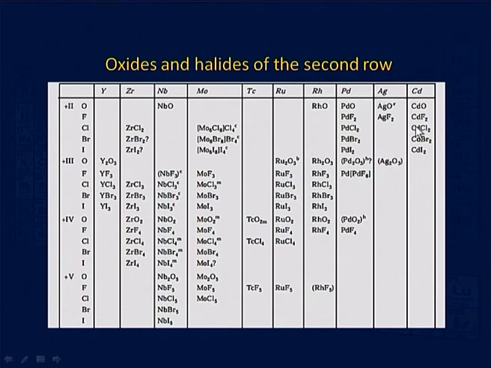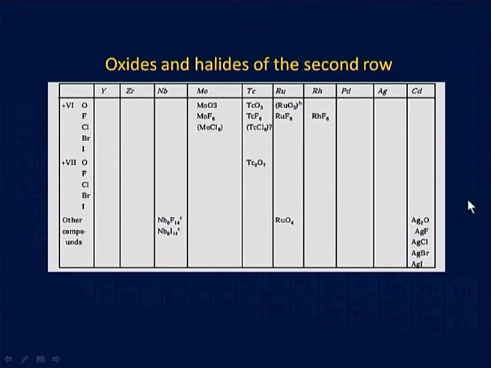For all other second row transition elements, the oxides and halides are listed in this table. Other than the +5 oxidation state, some of the halides and oxides can also exist in higher oxidation states, namely +6 as well as +7.